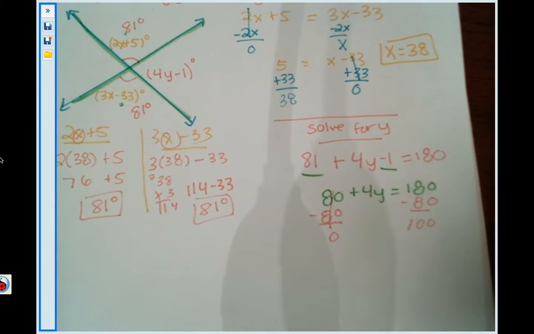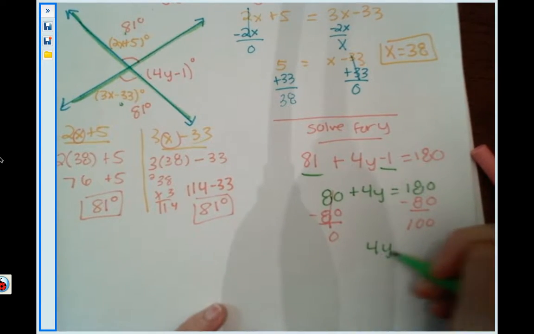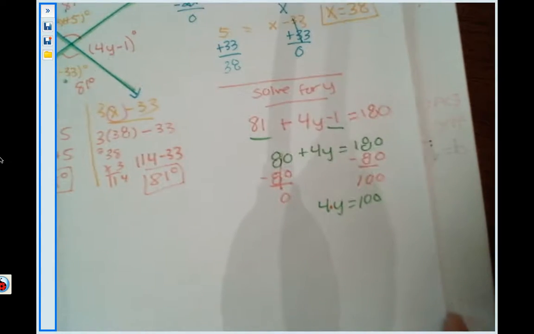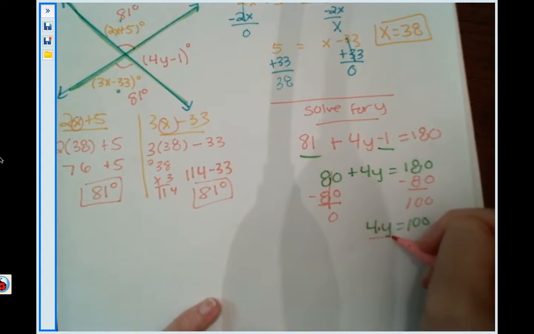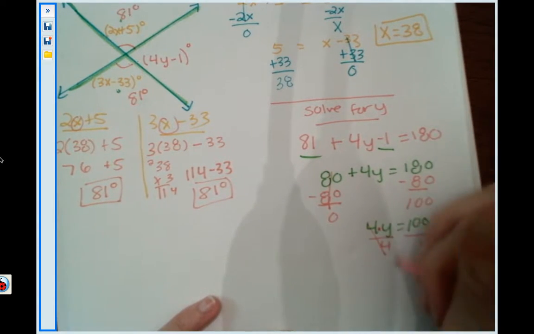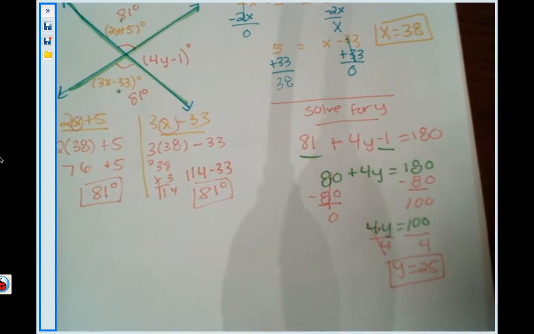So now we are down to 4y equals 100. My 4 is secretly multiplying my y, so the way we move that to the other side is by dividing on both sides. 4 divided by 4 cancels and turns to 1. 100 divided by 4 is 25. So my y is 25.